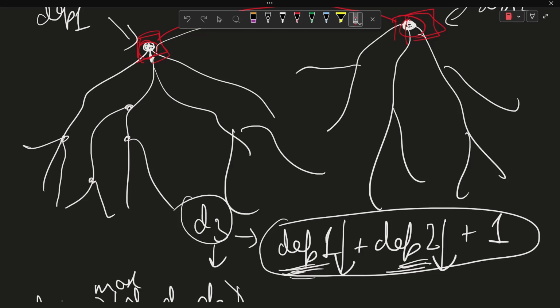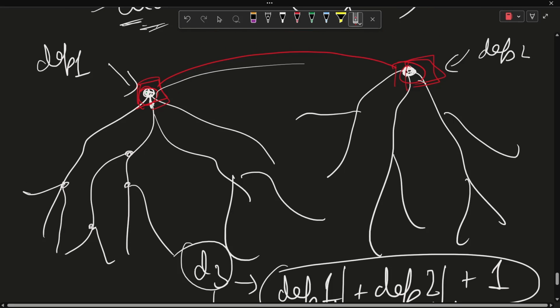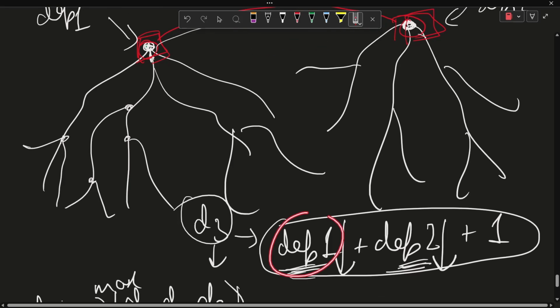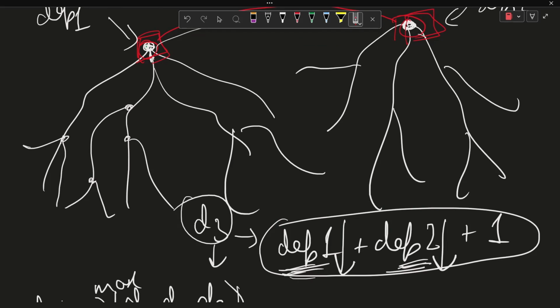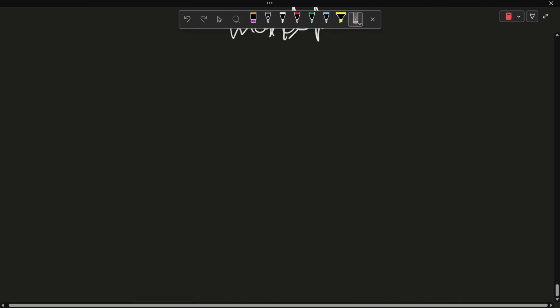But if you try to analyze it a little more, you would realize that you actually don't need to do that DFS rerouting. You can very easily compute depth 1 and depth 2 through a formula. So let's see what you can do now.